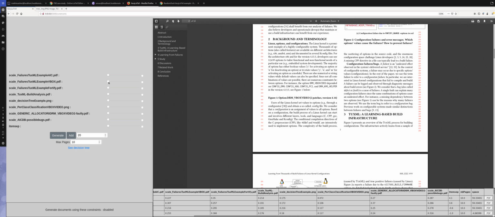Same for the decision tree example. We'll improve it, right? Ten pages again. That's really nice.